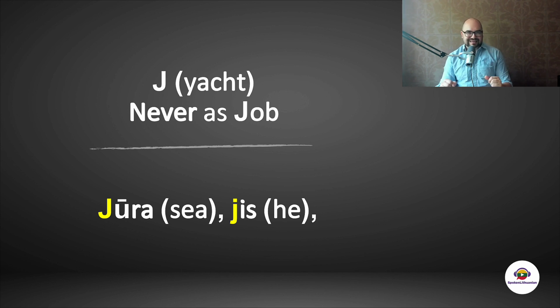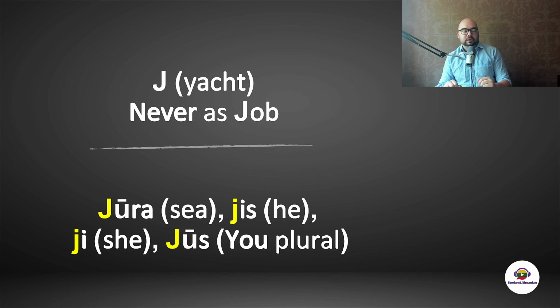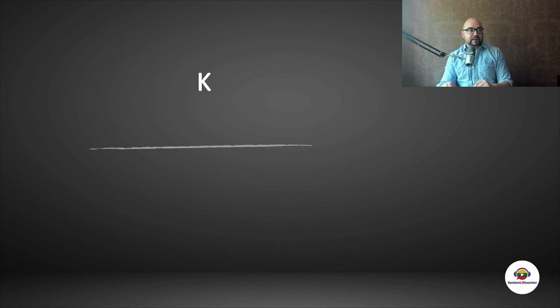Yes, he, yes. Yeah, she, yeah. Jūs, plural, you plural, because you singular would be tu, and the plural or formal version is jūs. J, not juice, like drinking juice, but jūs, okay?